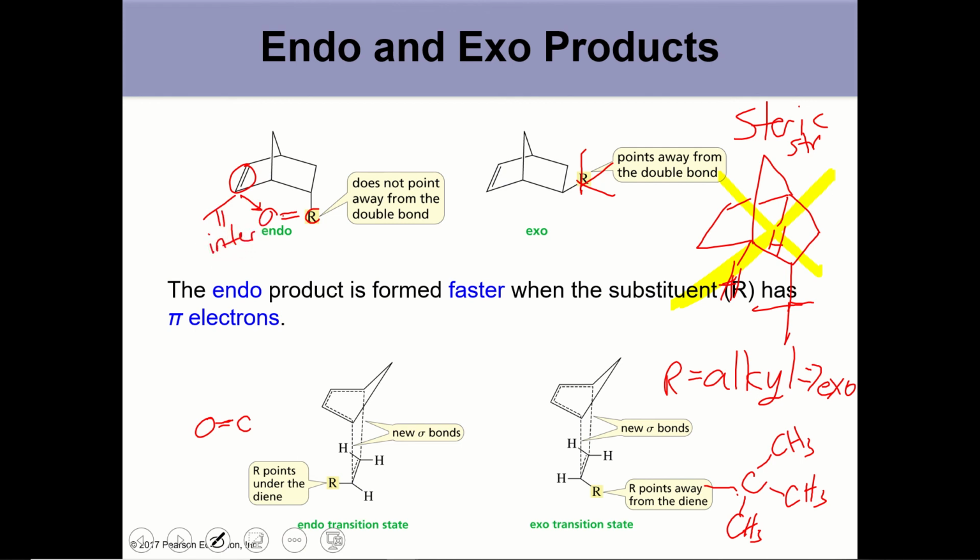The exo product is favored if there is a bulky group, like a tert-butyl group, where there's not going to be any favorable pi-pi interaction, but instead we will have steric hindrance. In the case that R would produce steric hindrance, then it will be in the exo position.